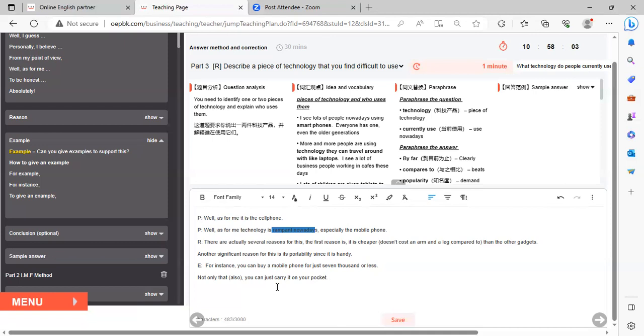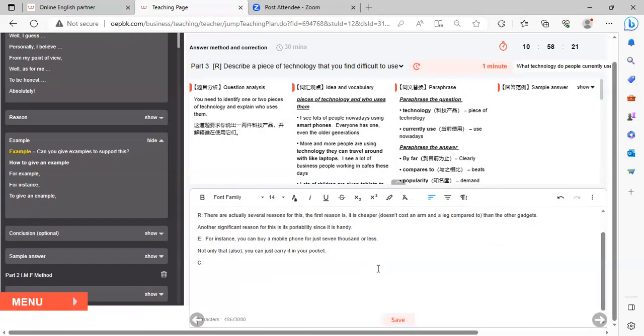Okay, let's have the conclusion then. I want to teach you ways to give a conclusion. You can actually give a conclusion firstly by generalizing.